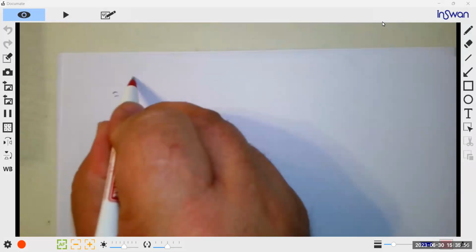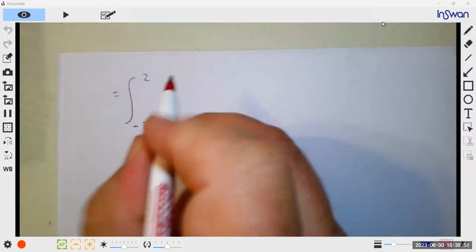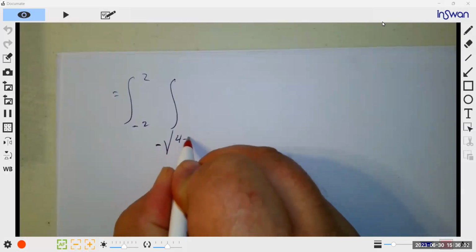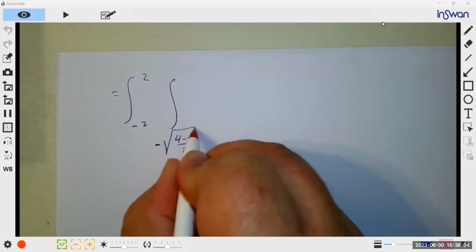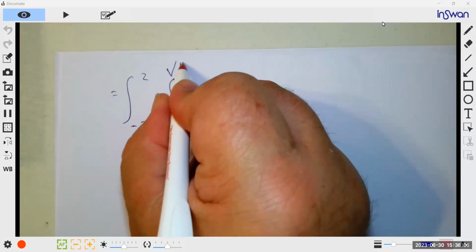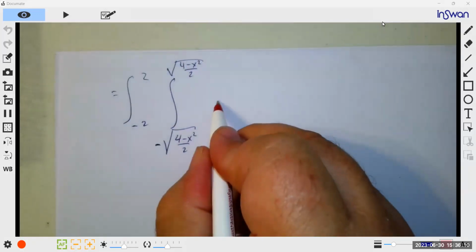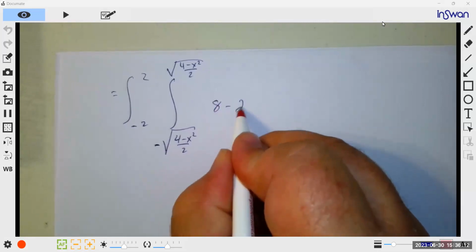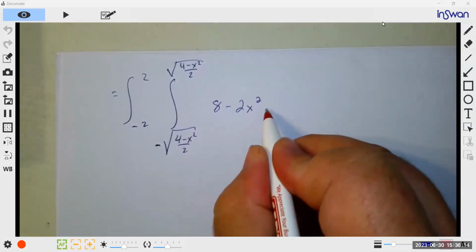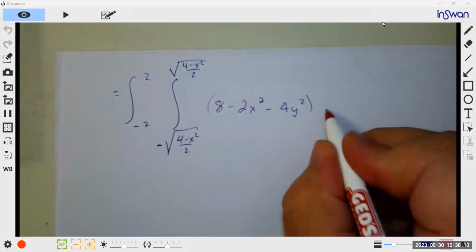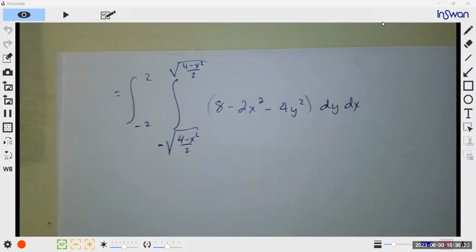So it's from negative 2 to 2, negative square root of 4 minus x squared over 2, to positive square root of 4 minus x squared over 2, of 8 minus 2x squared minus 4y squared, dy dx.